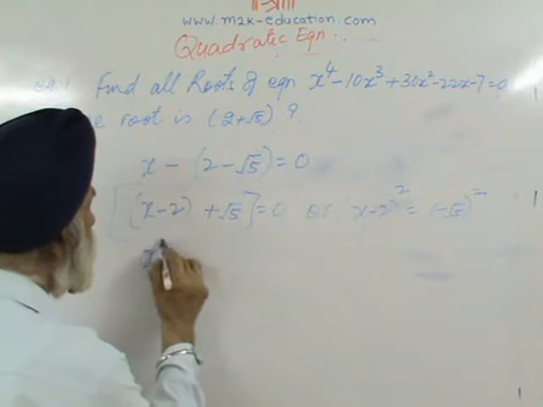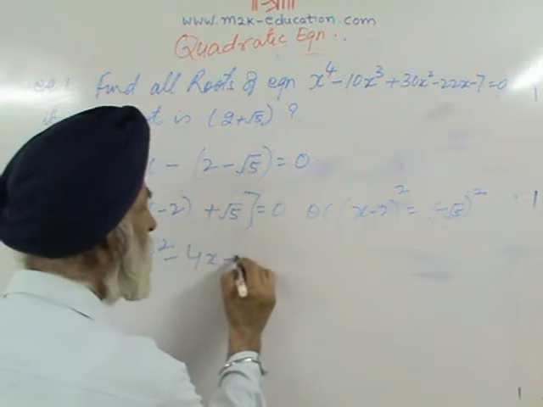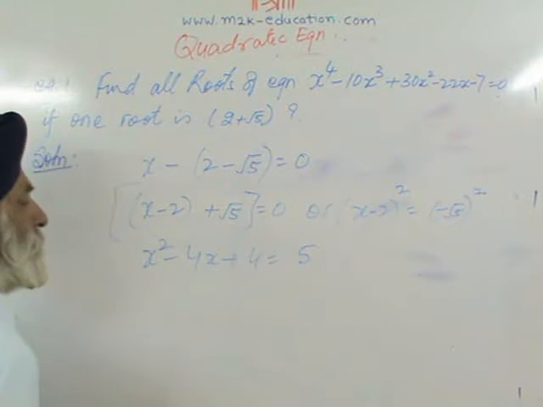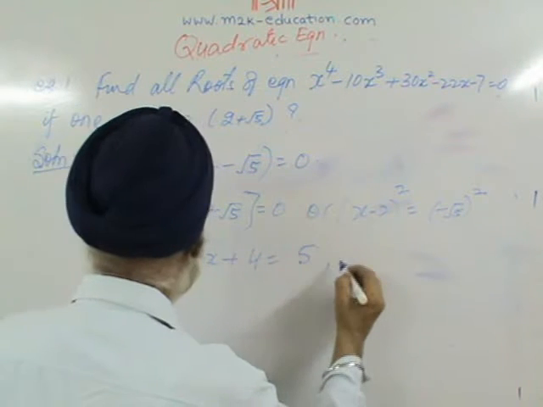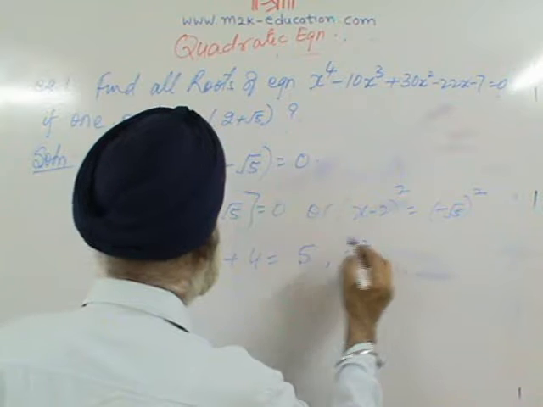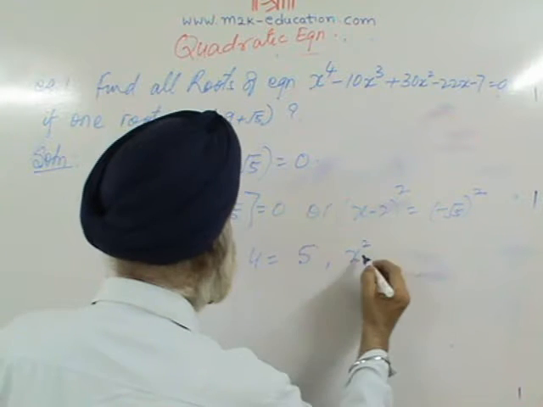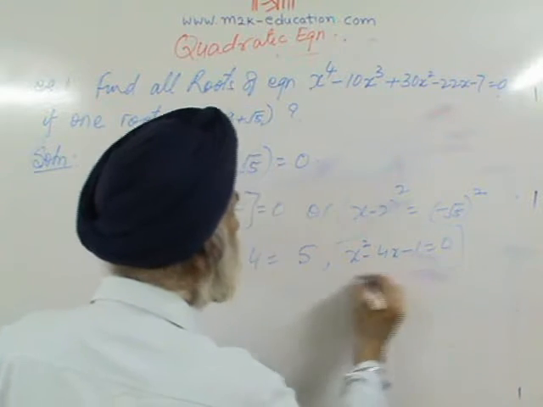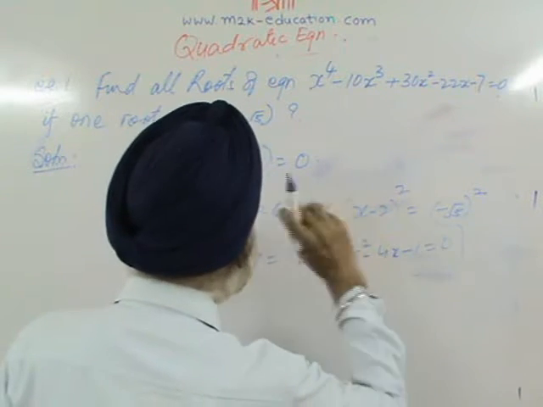So this becomes x square minus 4x plus 4 equal to 5, or x square minus 4x minus 1 equal to 0, where you get the same answer as other.